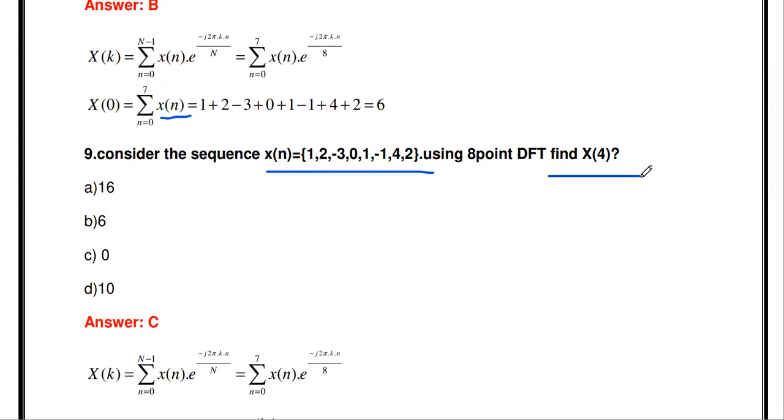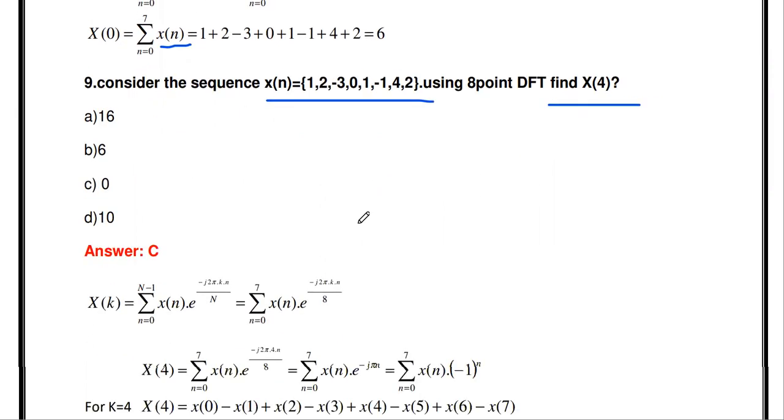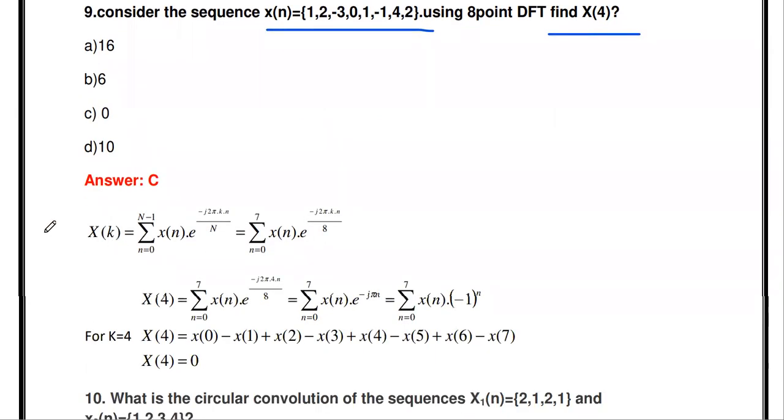Capital X of 4 we can also calculate in a very easy method. For that, you just write the DFT formula. This is the DFT formula. Here, what is the value of N? 8. So summation n equal to 0 to N minus 1, that means 7, x of n e power minus j2 pi k n by 8.